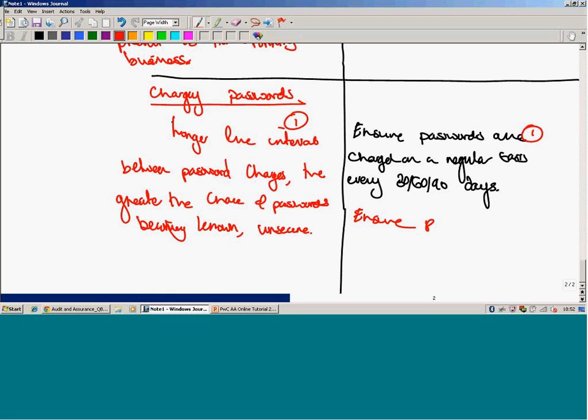Ensure changes are system forced so that people have to change them.